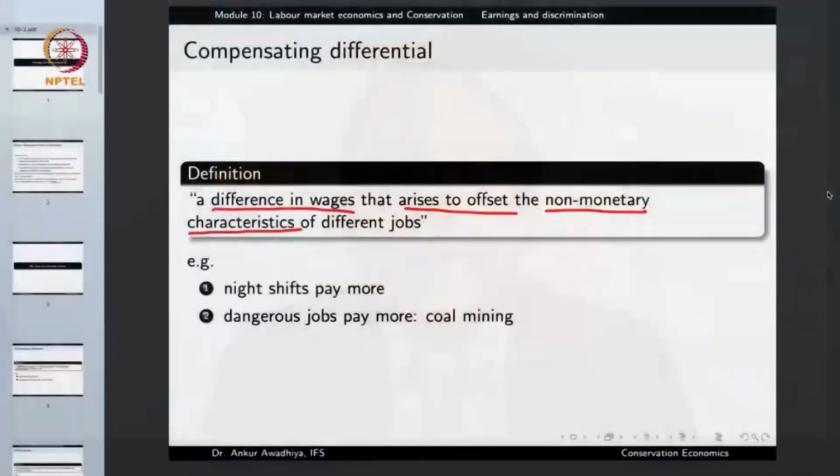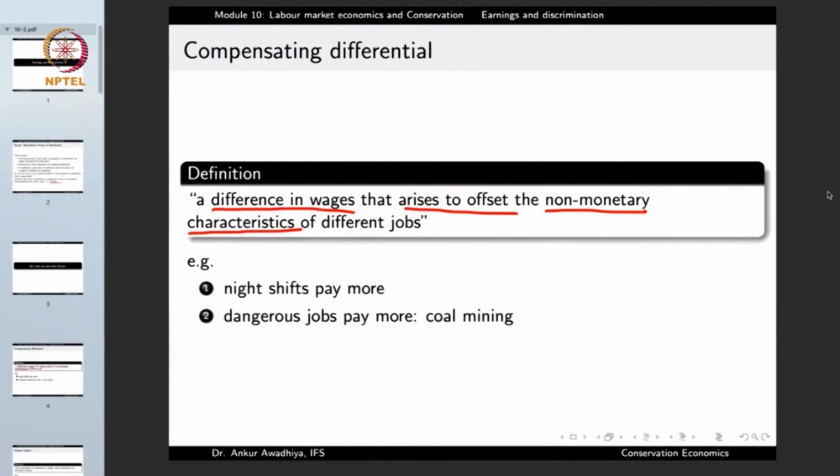So this is a compensation for the differential characteristics of certain jobs, especially depending on whether they are more difficult or whether they involve working in a dangerous or dirty situation. So this is known as a compensating differential, and this modulates the predictions of the neoclassical theory.